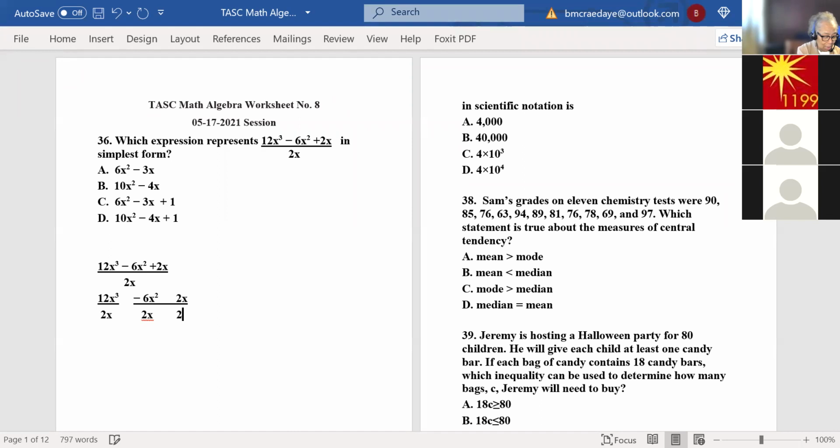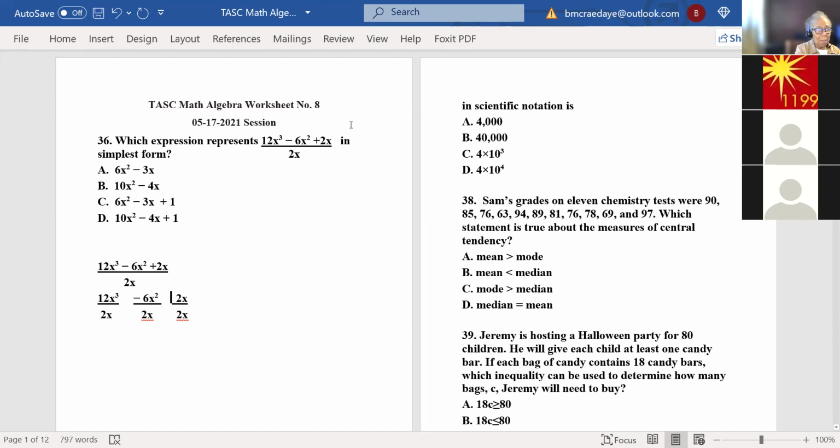Well, you can't. How are you going to add an x to the third and an x to the second? They have to be the same. You could add an x to the third and an x to the third, but you can't add an x to the third to an x to the second. You can multiply them, but you can't add them.